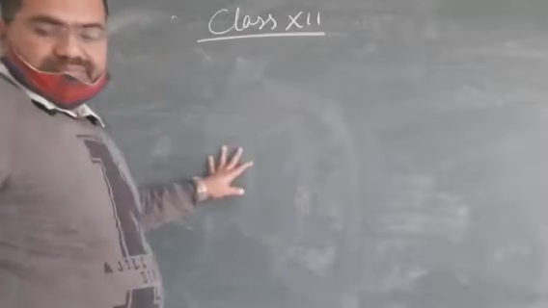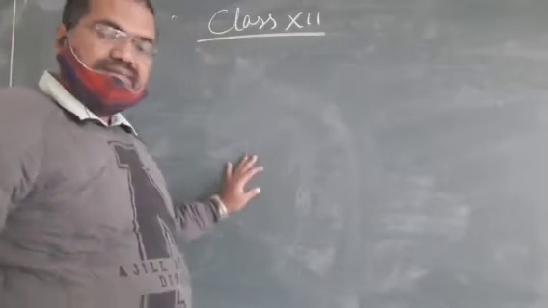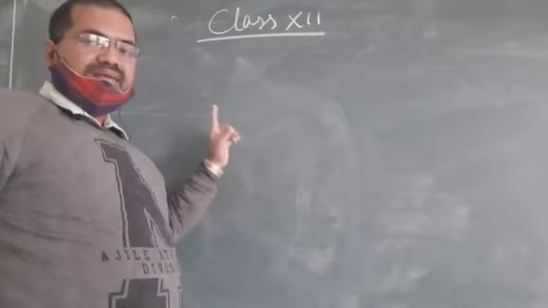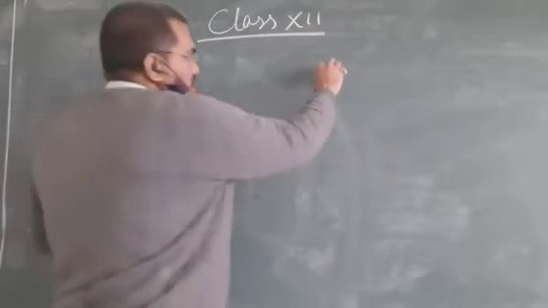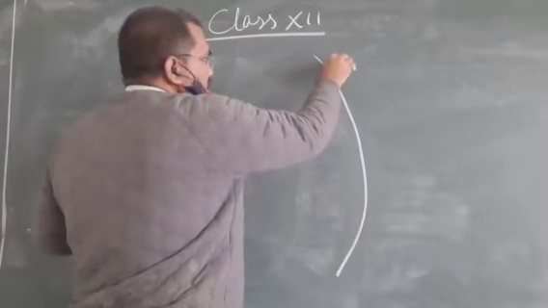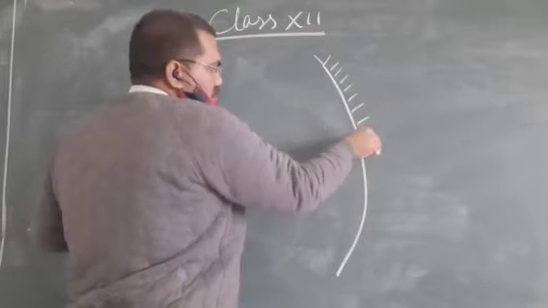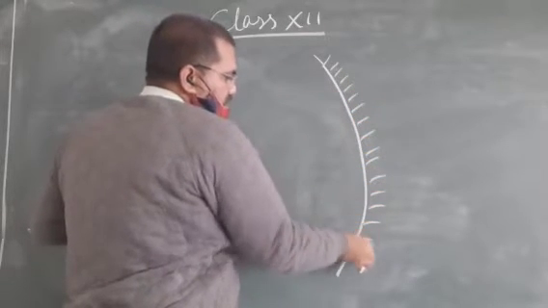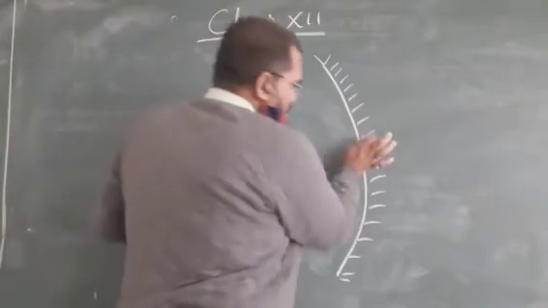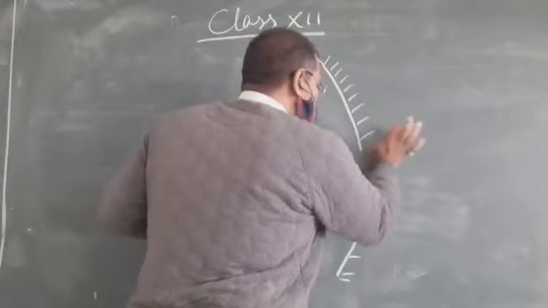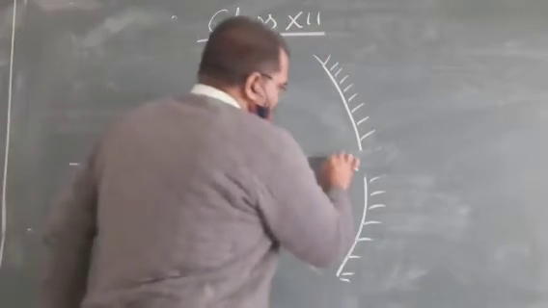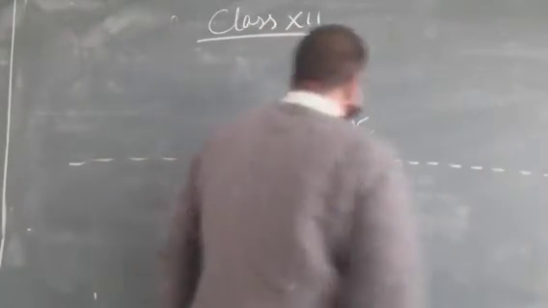Now the second type of reflecting type telescope, that is Cassegrain telescope. First of all, we will make the ray diagram for that. In Cassegrain telescope, still a concave mirror is used as the objective mirror, like in the diagram.